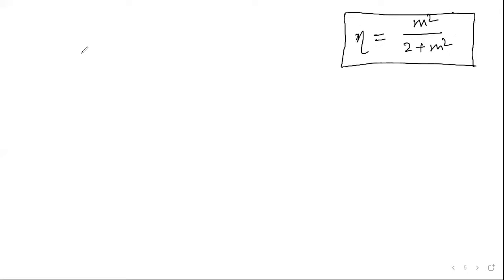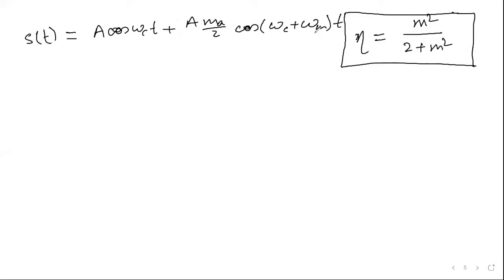So what we have earlier, the simple modulated signal is represented as A cos of omega ct plus A ma by 2 cos of omega c plus omega mt plus A ma by 2 cos of omega c minus omega mt. We have already evaluated this expression in the previous class.